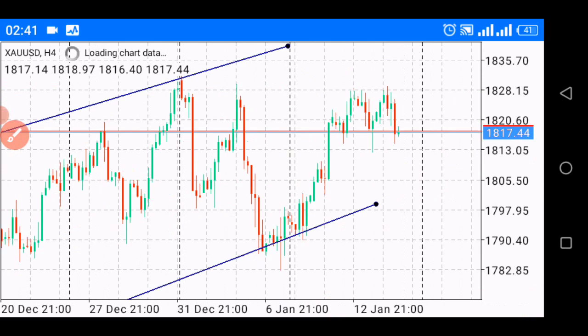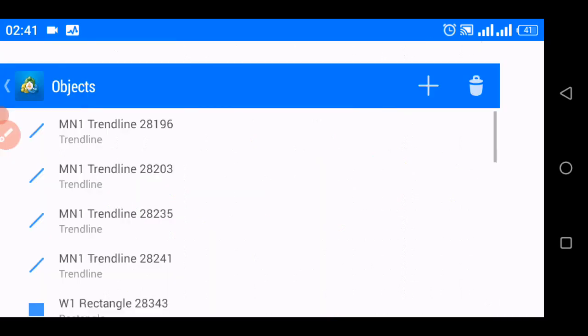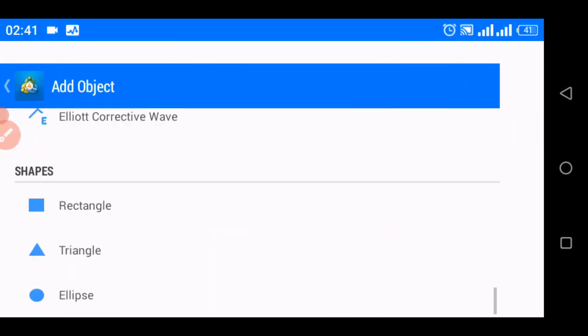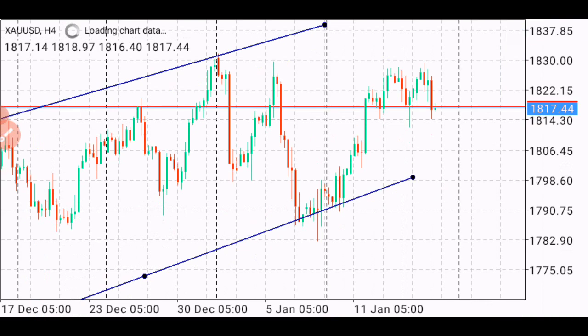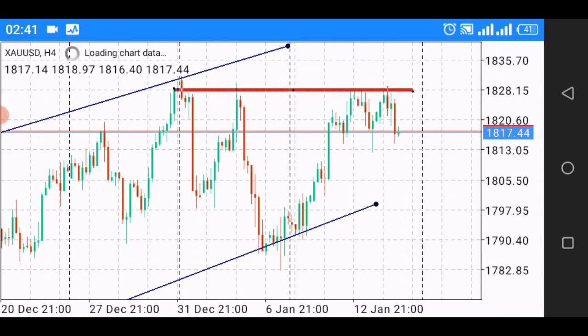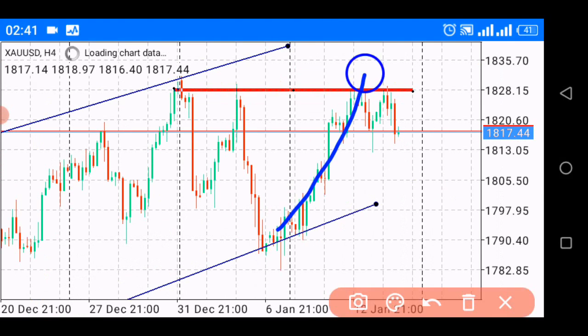We discover something, that the market is doing something here. Our expectation is for the market to reach here, but we are seeing that when the market got to this place, it gives us a lot of rejection candles.